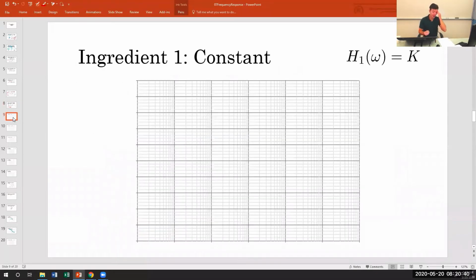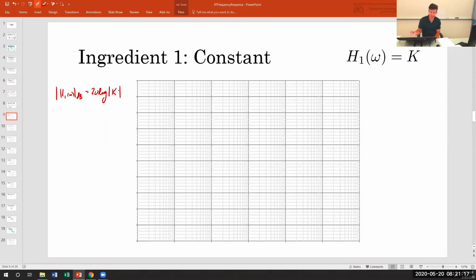Okay, so now what I want to do is go through and derive, or refresh your memory on, the derivation of the Bode plots of each of these ingredients, because we've seen that if we know the Bode plot of each constituent, of each ingredient, then we can add them to get the Bode plot of the overall transfer function. Okay. So when we talk about the magnitude of H1 of omega measured in dBs, well, that's 20 log the magnitude of k.